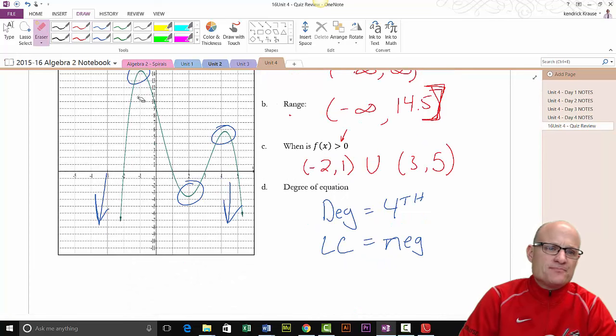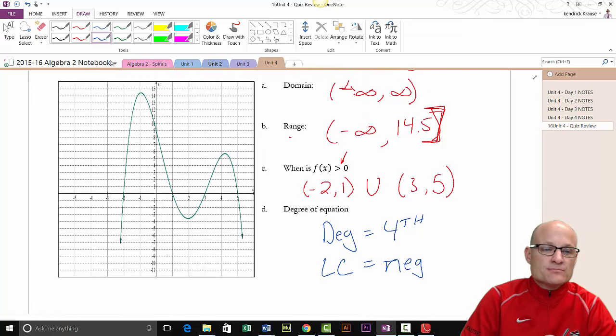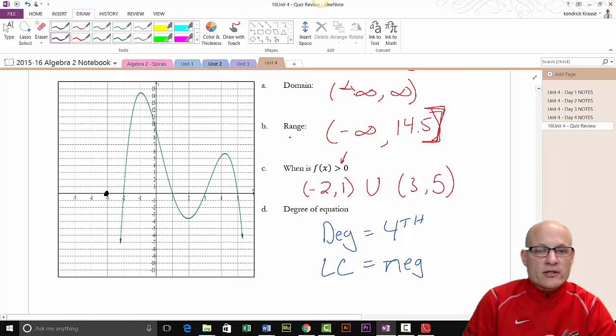What if I did this? Just out of curiosity, what if I drew another function in here? Let me draw another function here. I'll draw it in black. And we'll go there, and we'll go down to here, and we'll go here.